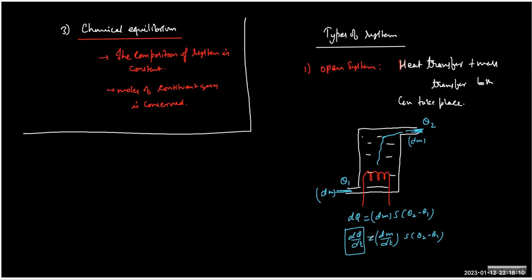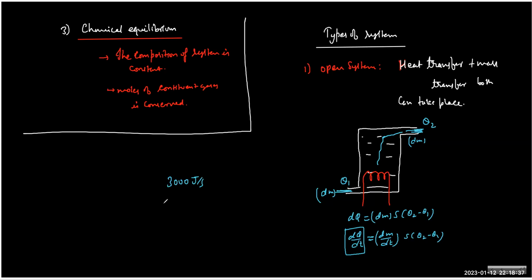When you go and buy a geyser, it comes with a fixed rating. It's a 2000 watt heater, a 2500 watt heater, or maybe a 3000 watt heater. So a 3000 watt heater means what? It can only provide you how much? 3000 joule per second, isn't it?